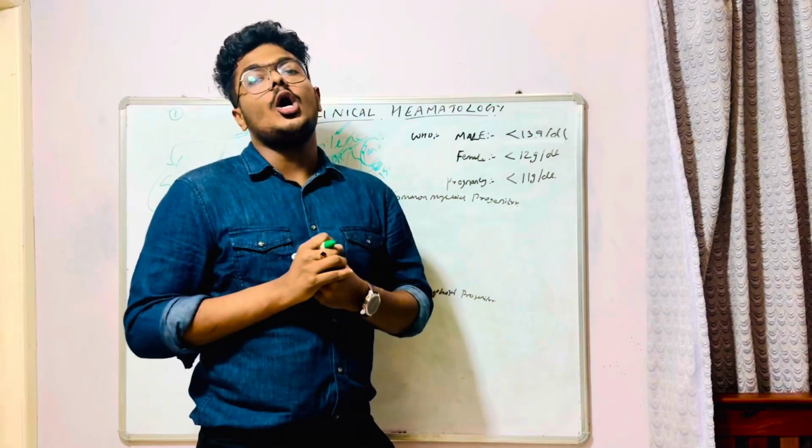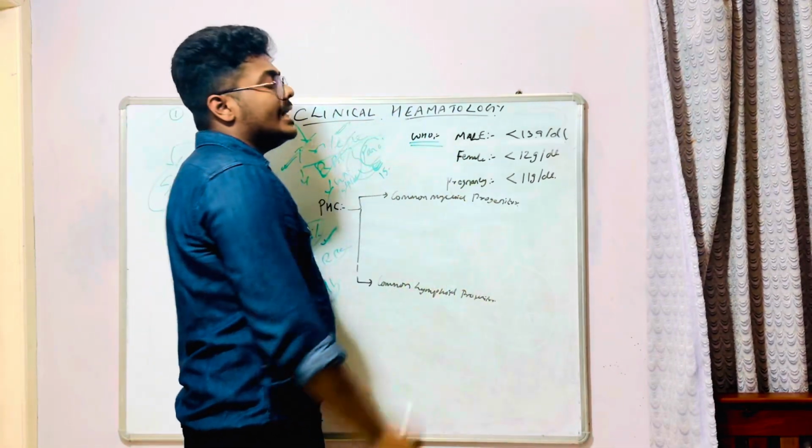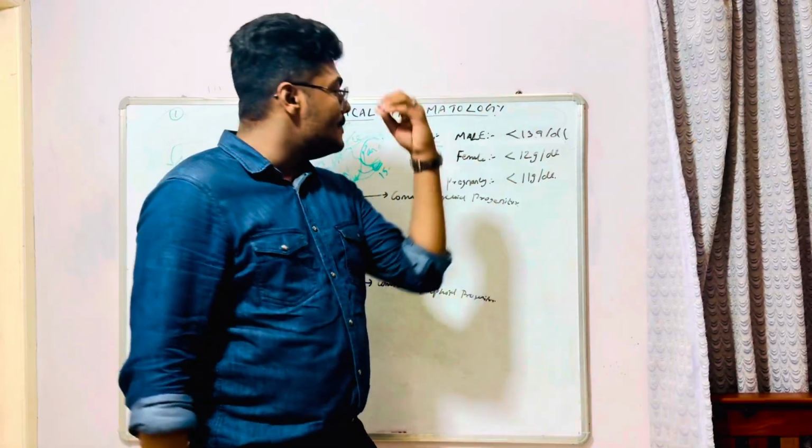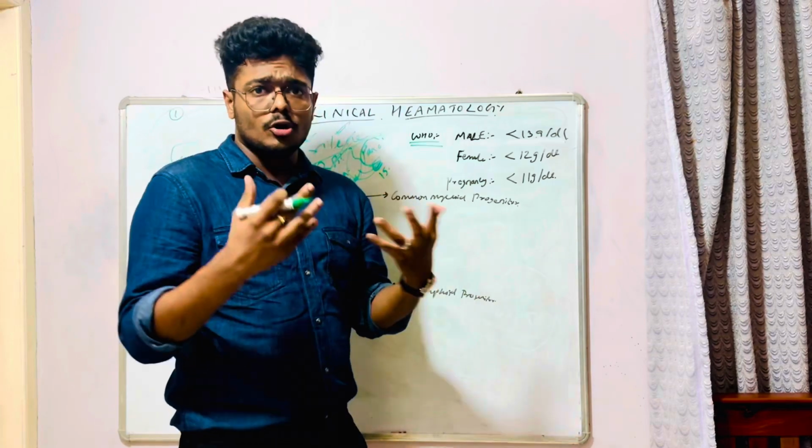So how will we call a person anemic? The WHO criteria says that for a male, a female and pregnancy, there are three criteria in hemoglobin.